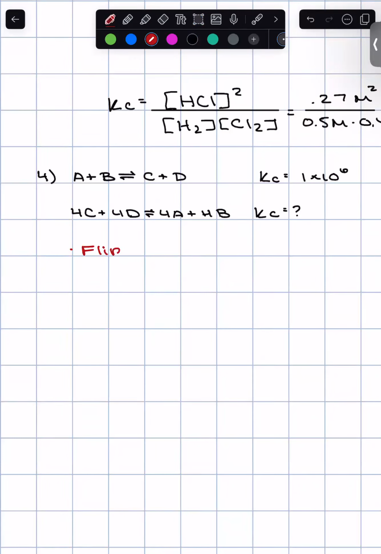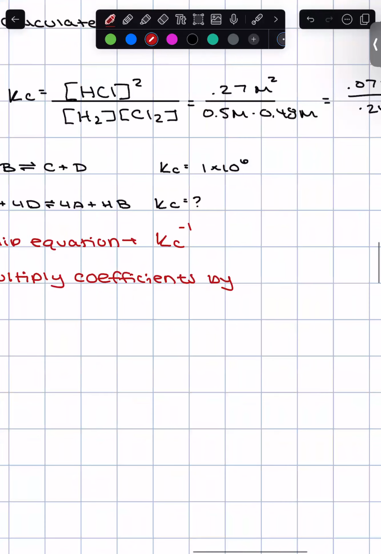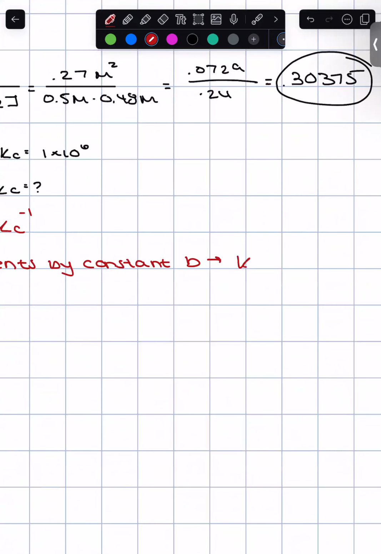When you flip the equation, you invert your Kc. If you multiply coefficients by a constant, I'm going to call my constant B, Kc is equal to Kc to the power of B.